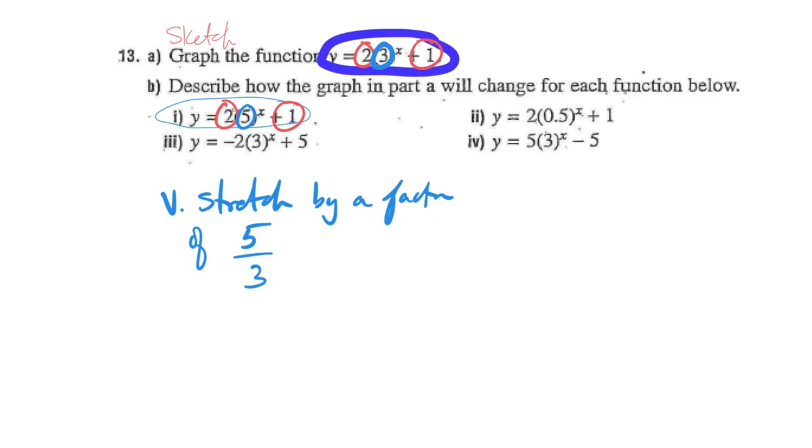If I was to go and write out what the blue transformation was that I just bulleted, then we should recognize that to vertically stretch a function means to multiply the outside of the function by that value. And maybe you can see your mistake when you see it that way.